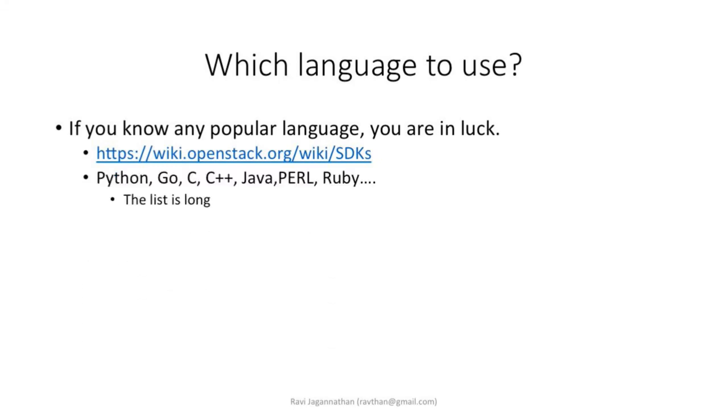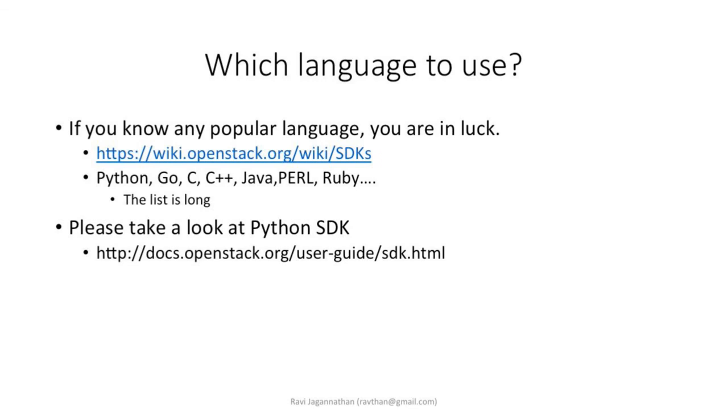It so happens OpenStack has many language bindings. I typically use Python, Go, C, Java, that kind of thing. The list is too long to go over step by step here. You might want to look at all the SDKs available. There is this Python SDK, which I like. You can organize your program in an object-oriented manner, just like you would use Go or Java or anything.